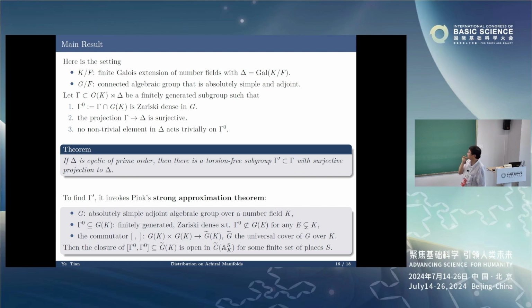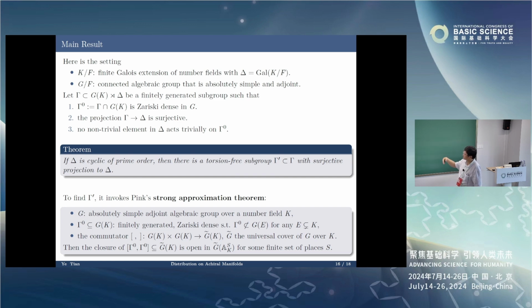So to prove that every achiral class is virtually non-orientable, as I said, is equivalent to finding a discrete subgroup of PSL2C, or this PB cross, without torsion elements, and containing elements projecting surjectively to the complex conjugation.